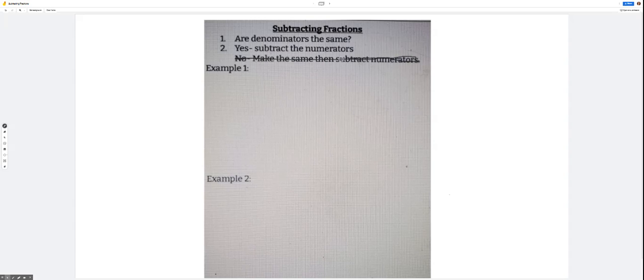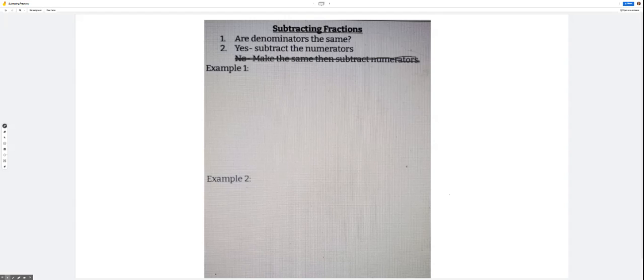It's still important to check the denominators because if they are the same, you eliminate a bunch of steps and you can just simply say top number minus top number, leave the denominator the same. You still may want to check and see if it is simplified or not, but you can just simply subtract the numerators.